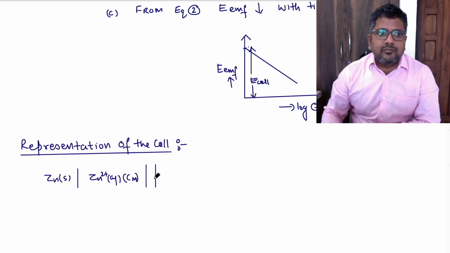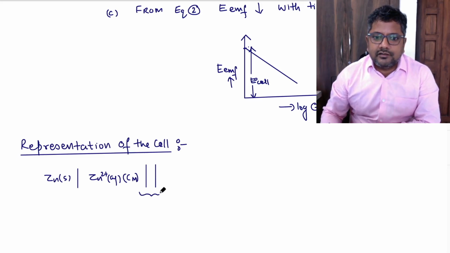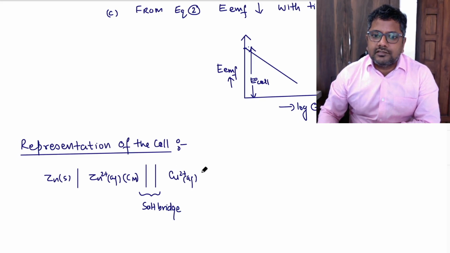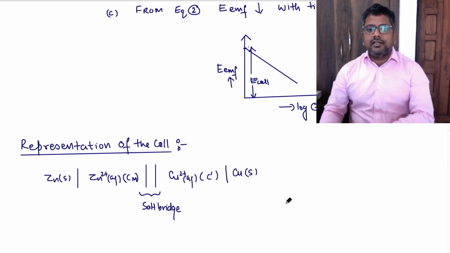represents the salt bridge. This is the salt bridge. And here copper 2+ aqueous, concentration C, copper solid, right?